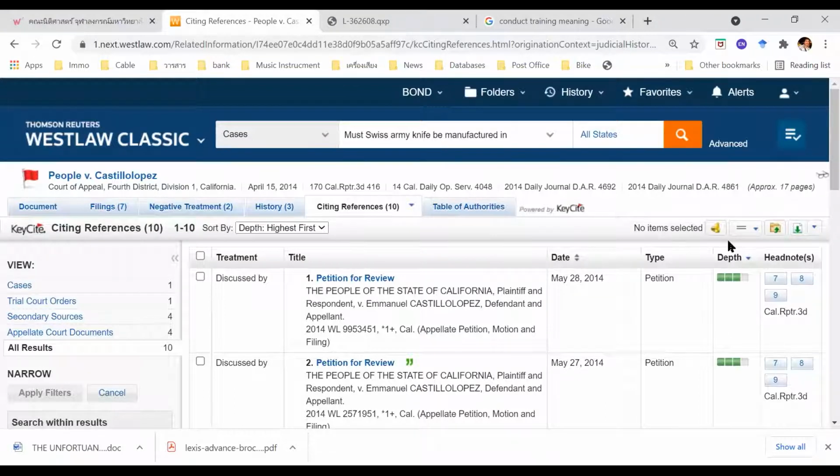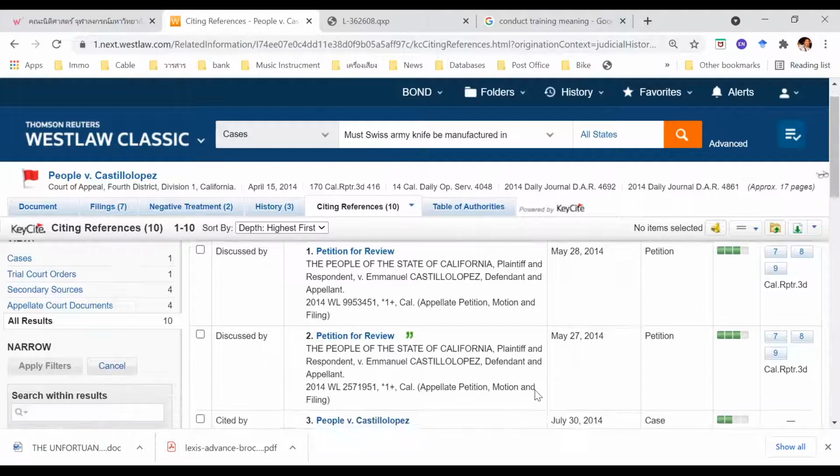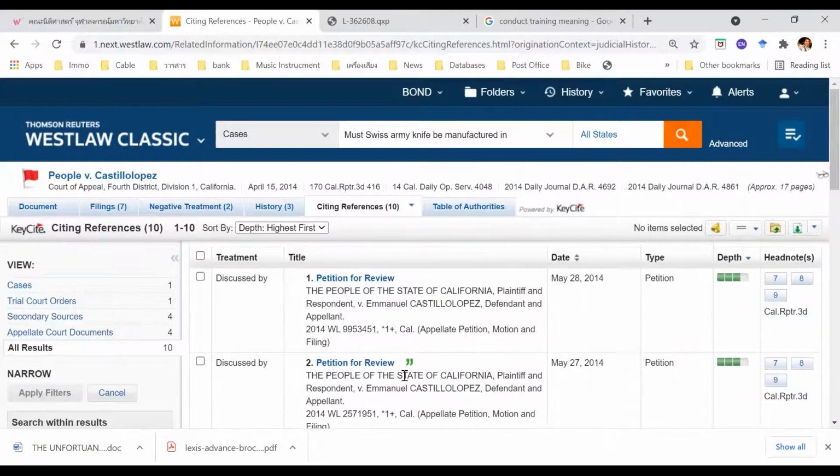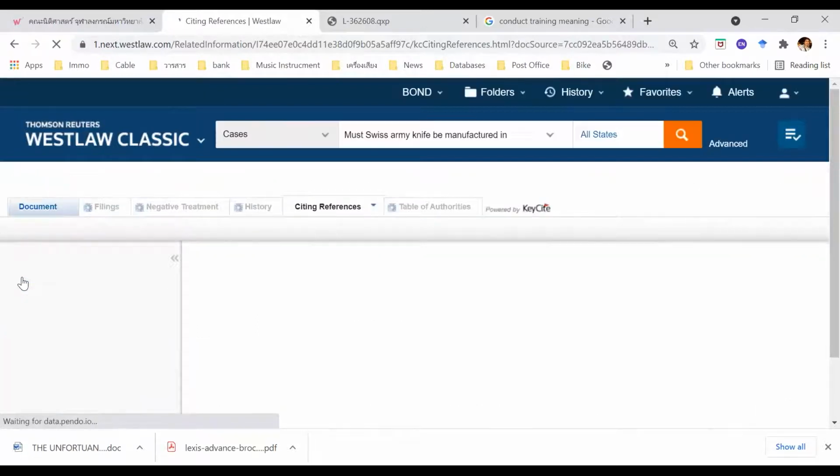Depth means, if they put a quote, it means they quote the opinion, they quote a speech, they quote a word from the case mentioned in this document. So you can look at how many cases, which cases, and you just click on the case.